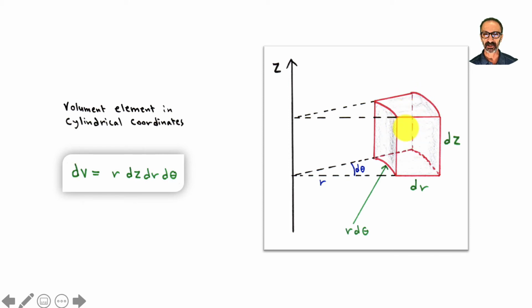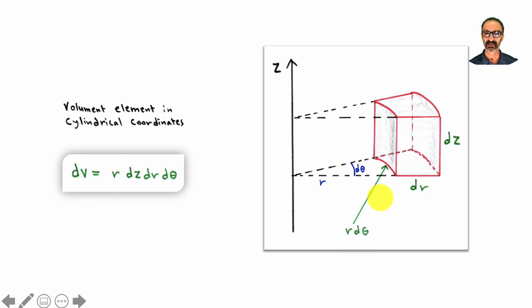To find the volume of this sample, that's going to be dV, or delta V. It has 3 dimensions. This dr is part of the game, this dz is part of the game, and this going around is part of the circumference, which is called arc length, and this arc length is r d theta.